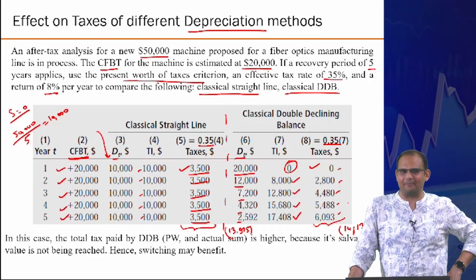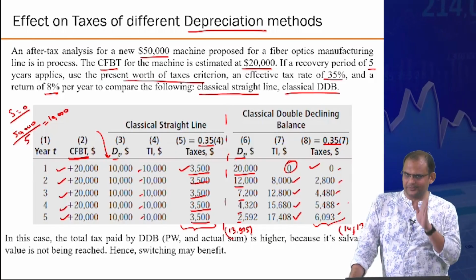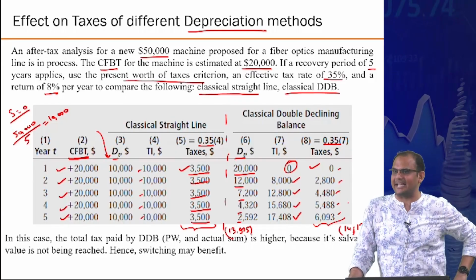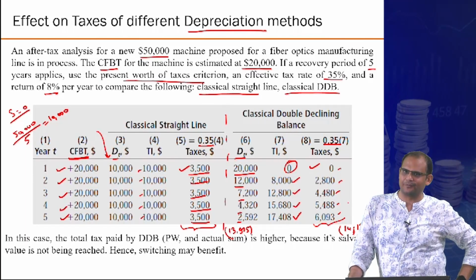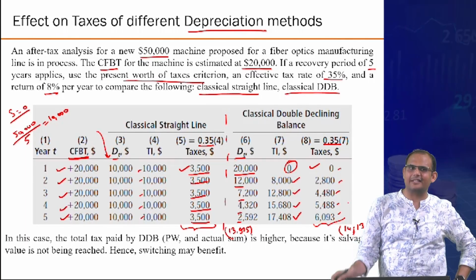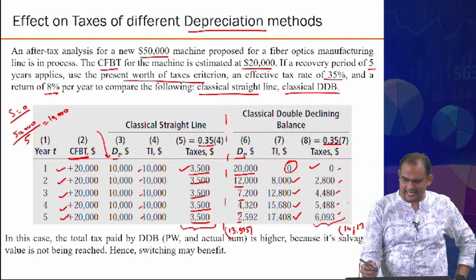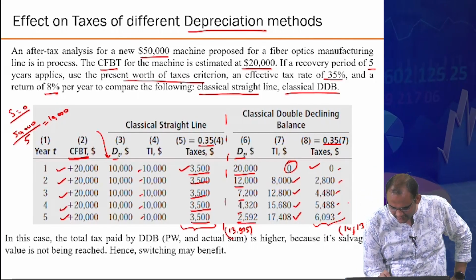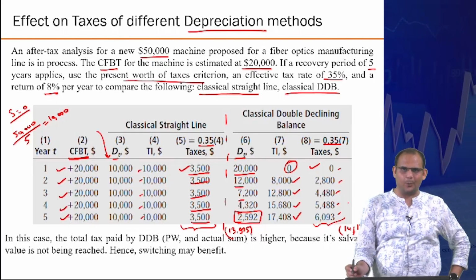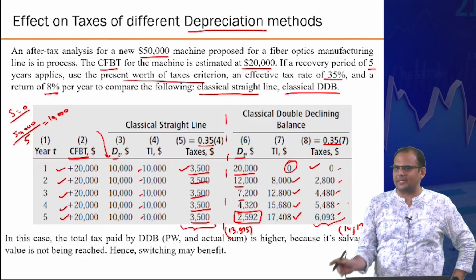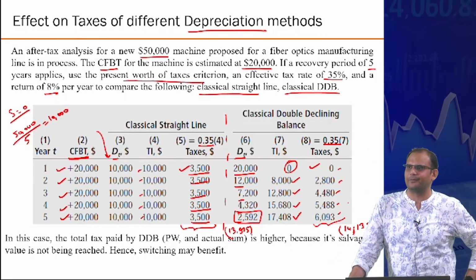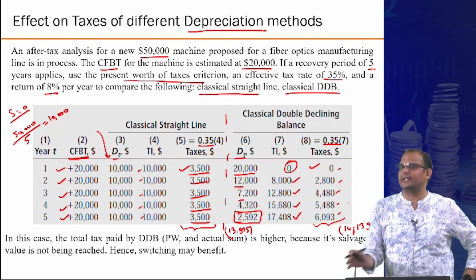The statement that I made so far is true when ultimately you are reaching the same salvage value. In this case, the DDB based calculation is not reaching the salvage value of 0, which your straight line method is able to do, but your DDB method is not able to do.